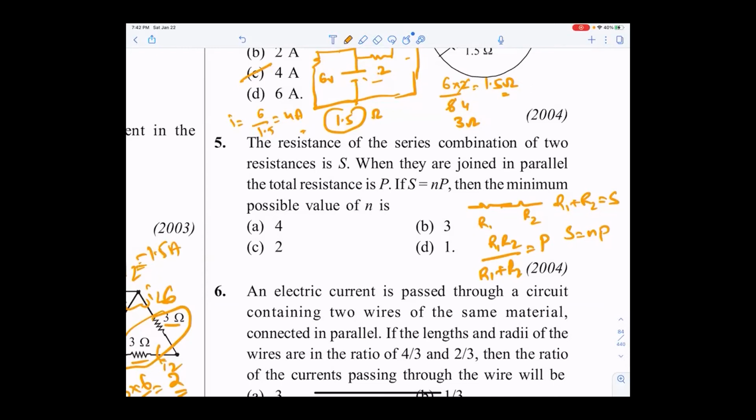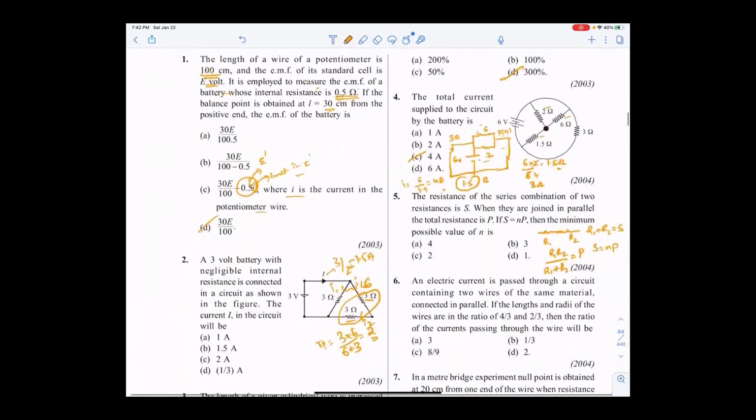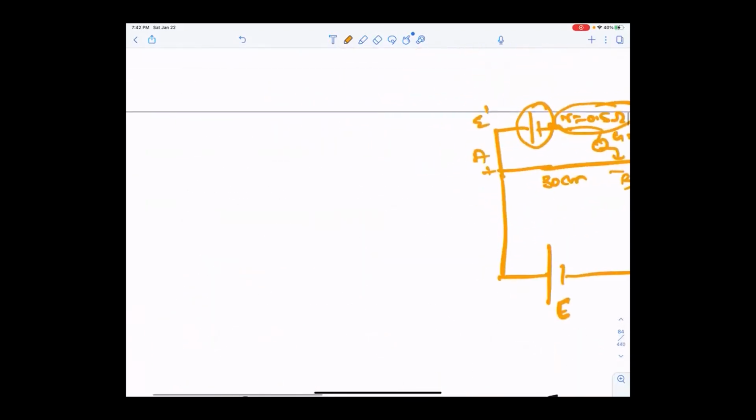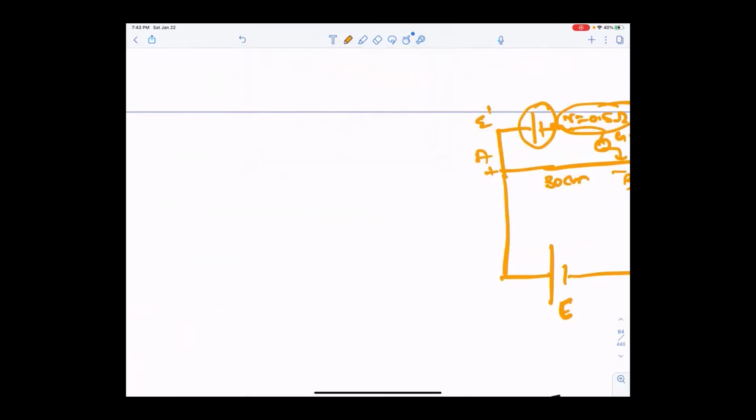So we have to simplify this in terms of R1, R2. R1 plus R2 is equal to N times R1 R2 by R1 plus R2. When we want things to be minimum, we take the equal cases, like if you have 3 ohms and 4 ohms, there are different values, but when you differentiate, we get them as equal.